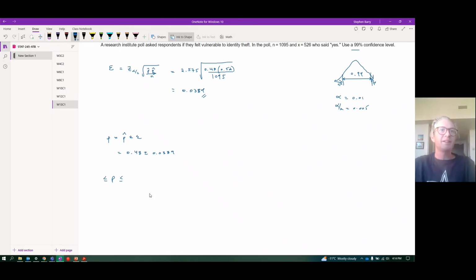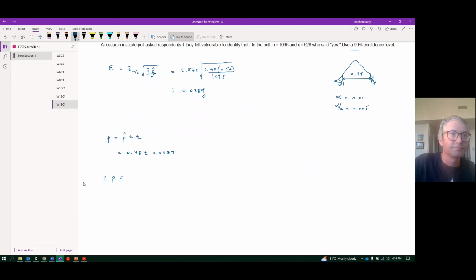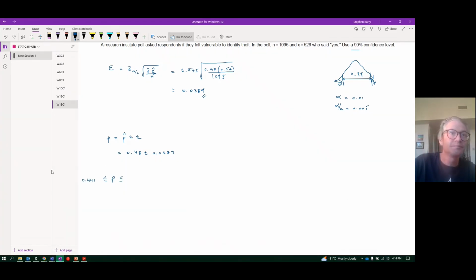Right, so on the low side, it would be minus that, and then the high side, plus that. 0.441. Then on the high side, 0.519.